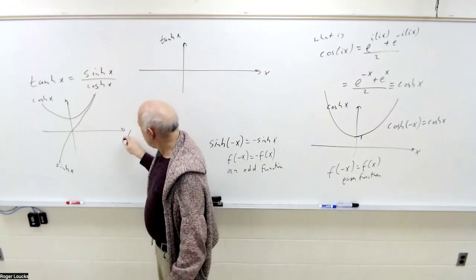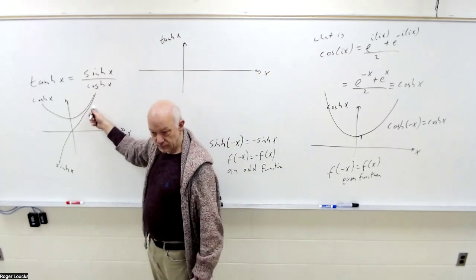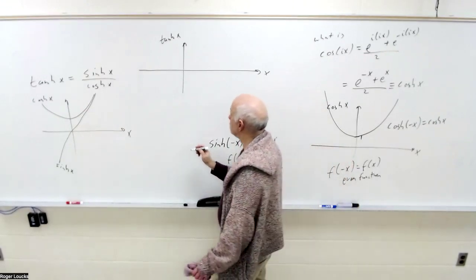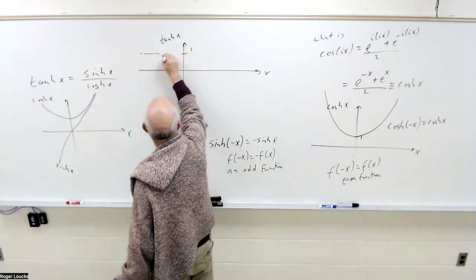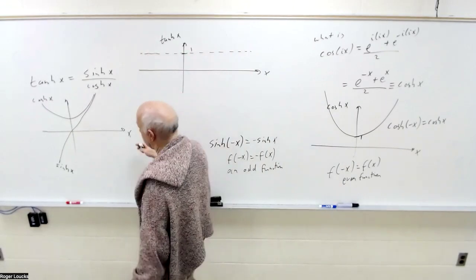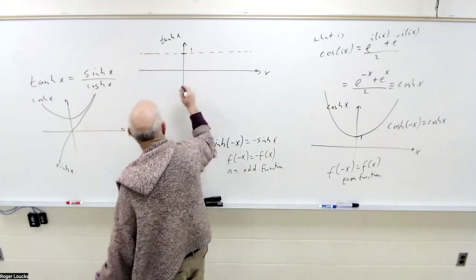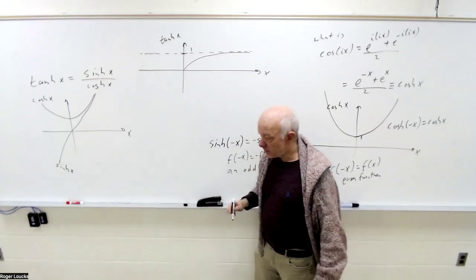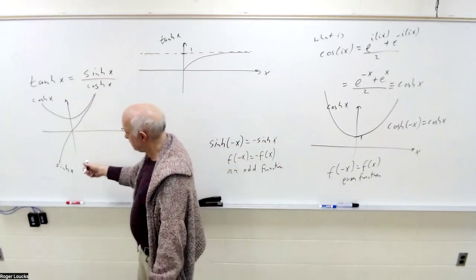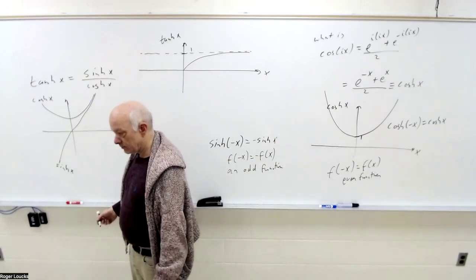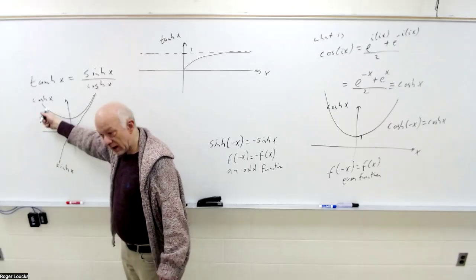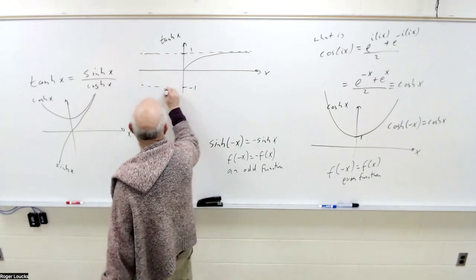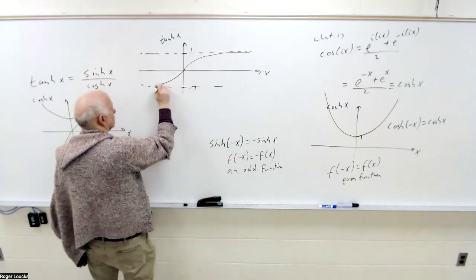For really, really large values of x, these two functions are the same. So for large values of x, what do you get? One. You get a 1. Then for x equals 0, you get a 0 there. So this is going to look like this. But what's going to happen on the other side? They both go to the same thing, but one a positive version of it and the other a negative version of it.